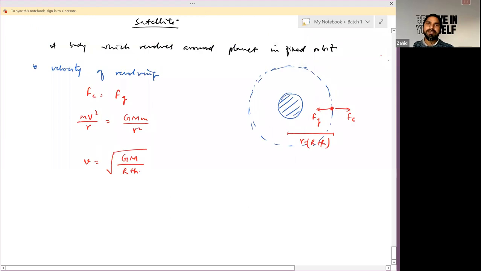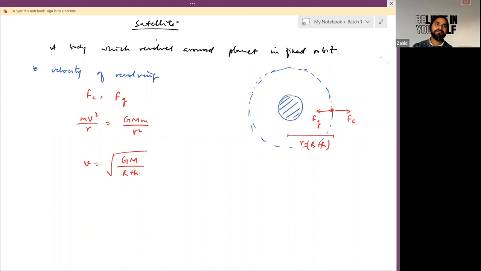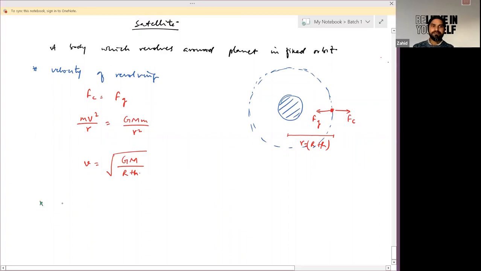Similarly, next is time period of revolution. According to the formula, T equals 2 pi r by velocity. So 2 pi r, velocity is root under GM by small r.